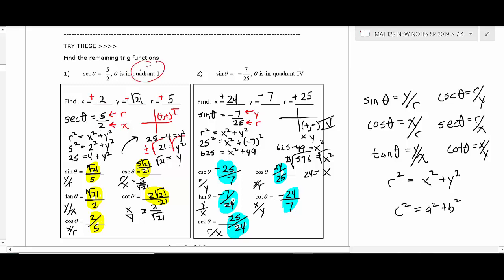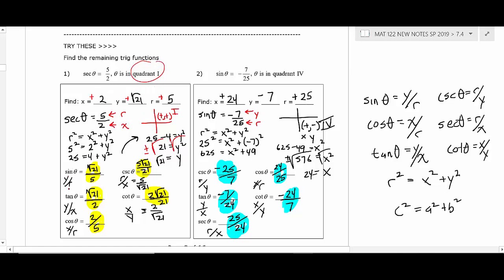You're in quadrant 1, and in quadrant 1, everything's positive, so you have a positive x, positive y, positive r. So that's your first thing. Then you do the Pythagorean theorem, and you can look through the details. I got plus or minus root 21, but again, it's positive. Once you get x, y, and r, all I did is go to the definitions.